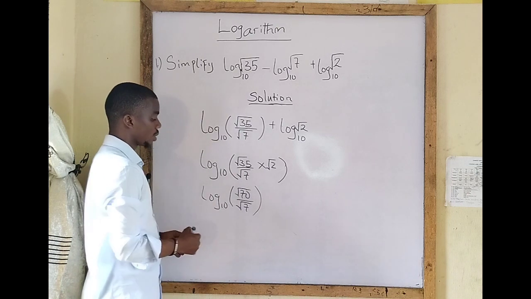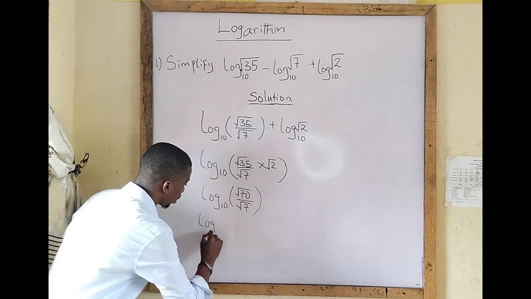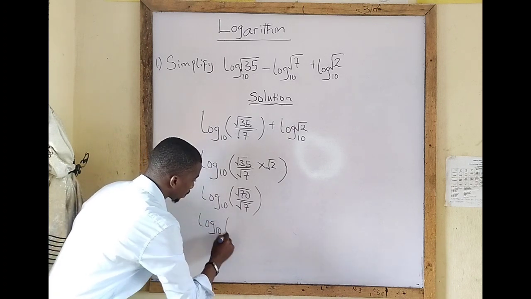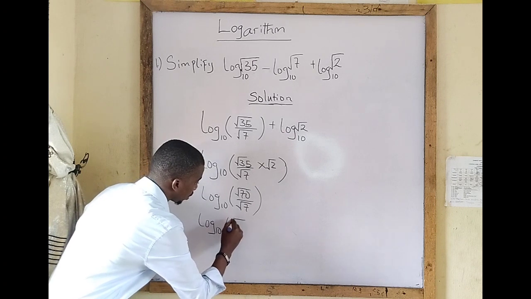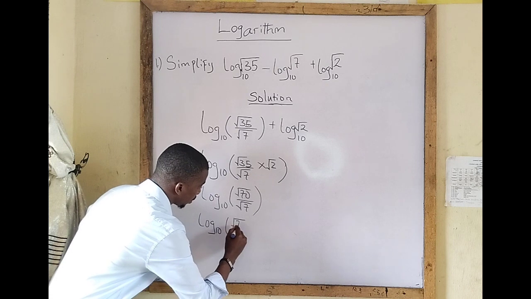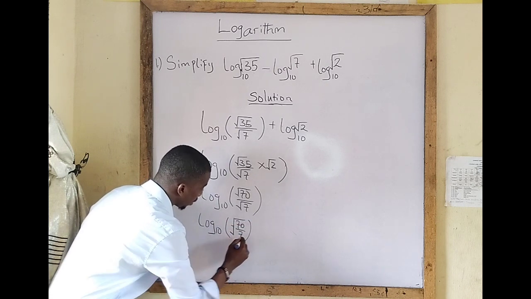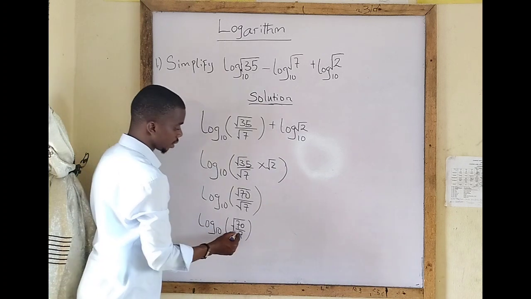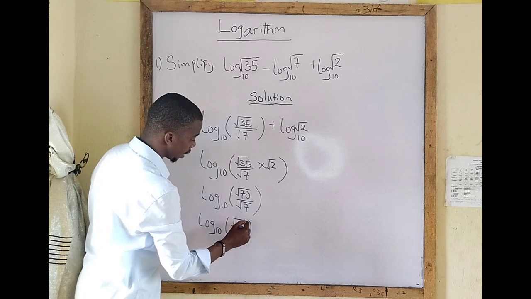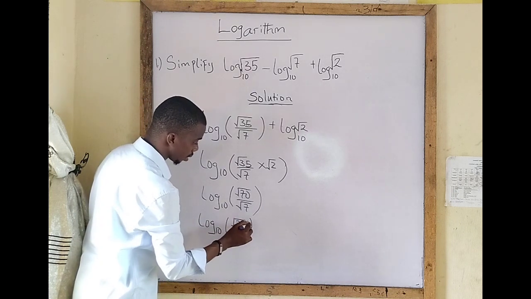And this expression can as well be written as log base 10 of root 70 all over root 7, which is root of 70 over 7. The 7 goes into 70 10 times.